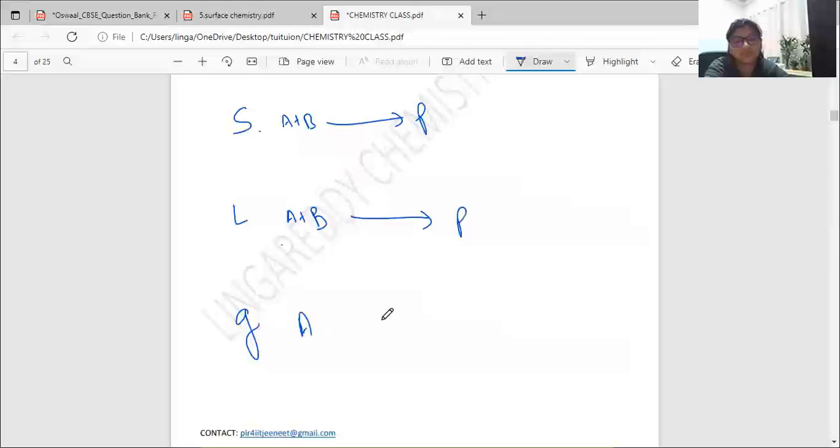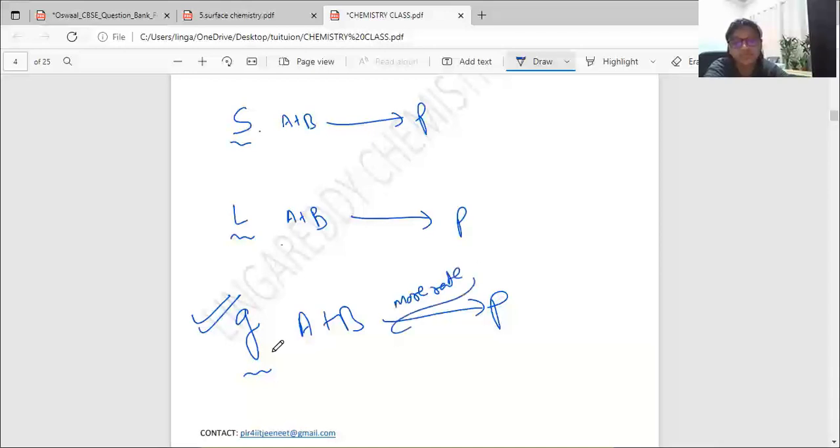So where is the reaction taking place faster? In the case of solid, liquid, or gases? Gas. Obviously, its rate is more compared to the others. Why? More surface area.